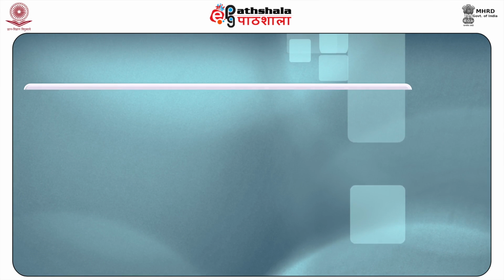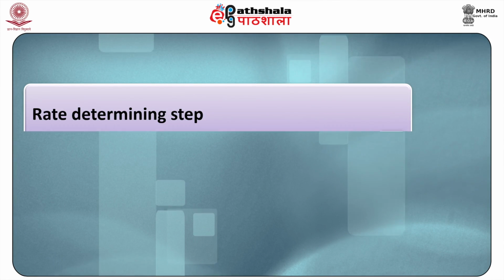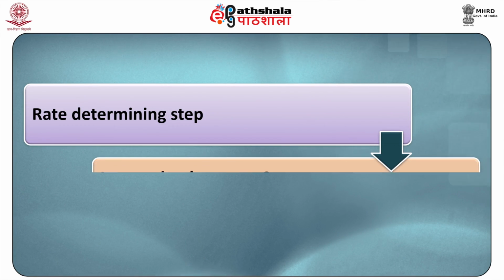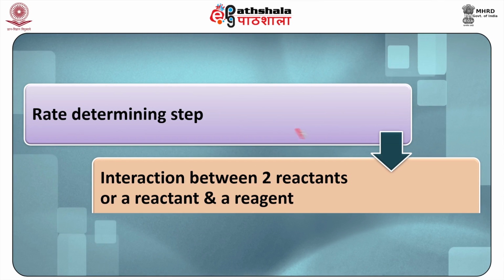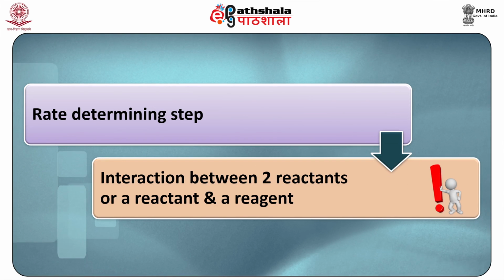In E2 elimination, the reaction is also known as the bimolecular elimination reaction. In this case, the rate determining step will involve an interaction between two species, a reactant and a reagent, or maybe both the reactants.